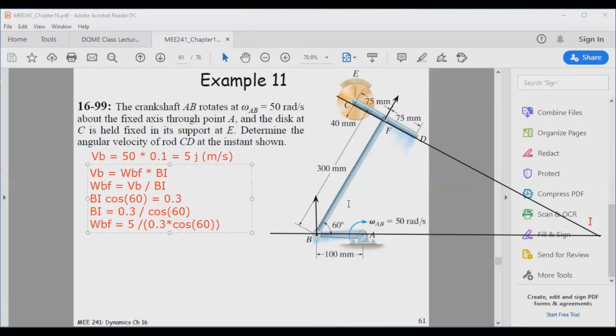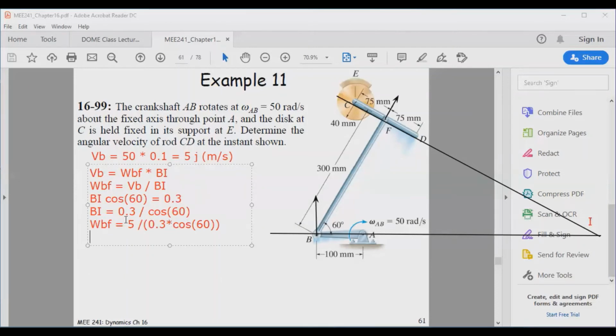So here we are finding the velocities and also the angular velocities at this snapshot, at that instant of this geometry. If the geometry changes, your angular velocities are going to change, because they are also functions of the positions. Okay, thank you. So here you're finding these angular velocities at that geometry.